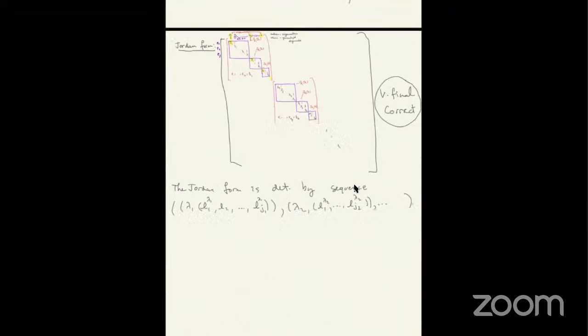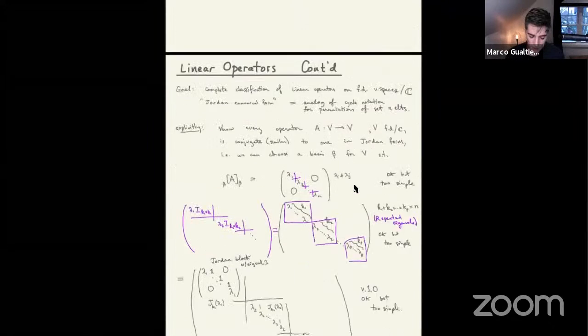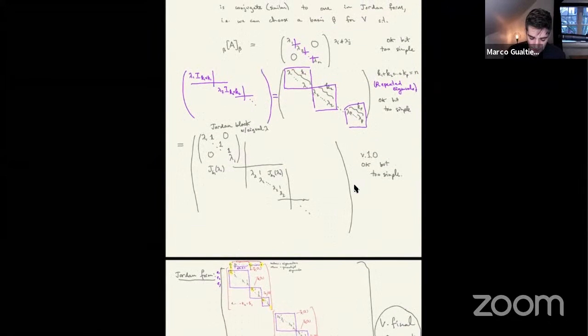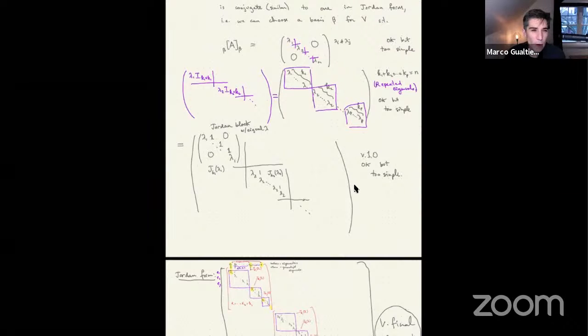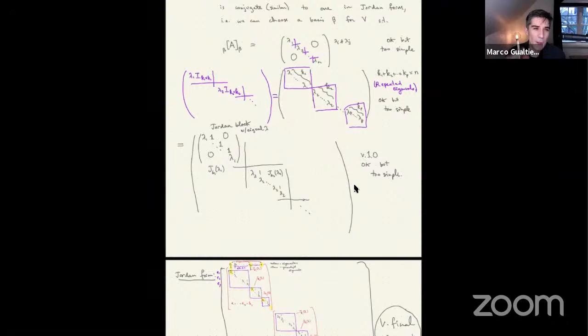Okay, so let's be a bit careful. You have to understand that most operators that you would write down are diagonalizable, which means that you can find eigenvectors v1 up to vn, so that the operator is very simple. You just apply it to the basis element and you get a number.